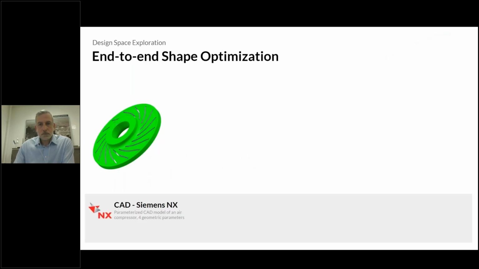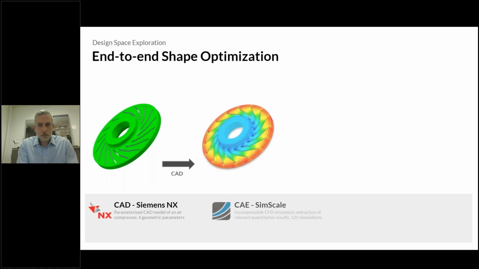So what is the case that we're going to be looking at? It's an end-to-end shape optimization. Starting from the geometry produced in Siemens NX, it's a parameterized CAD model of an air compressor. This CAD model has 4 geometric parameters that can be controlled programmatically. That geometry is then passed through the API to SimScale to be simulated.